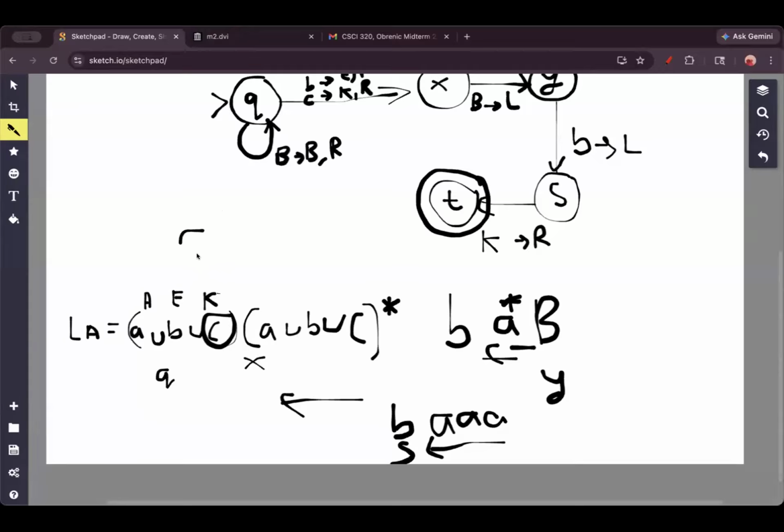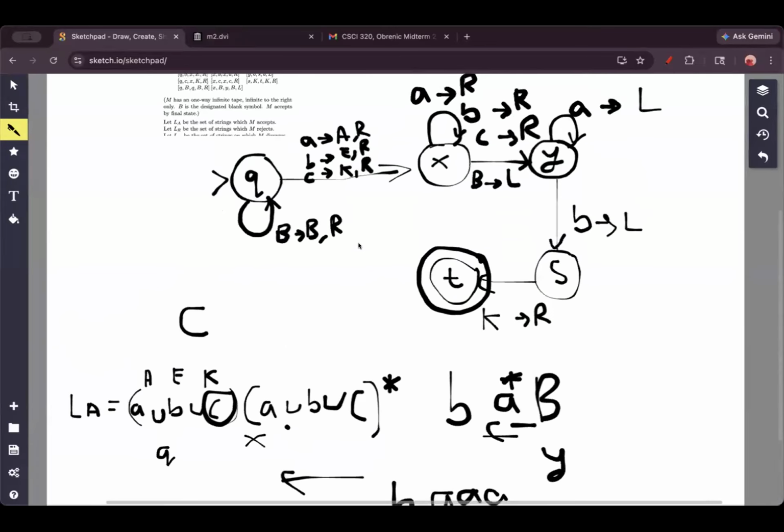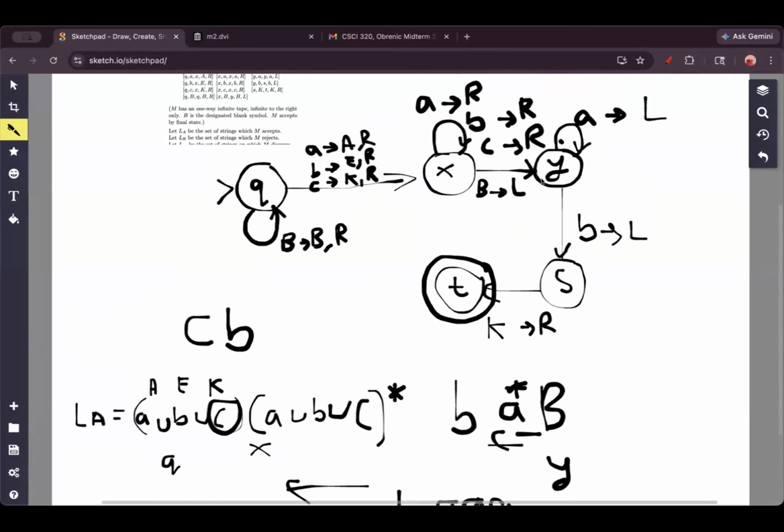So I have to see a C in state Q, and then in state X, if I see a B, I turn right, and then I could loop on Y. And then I change to state S, and then I see a B right here. This is all going to the left side anyway, right?